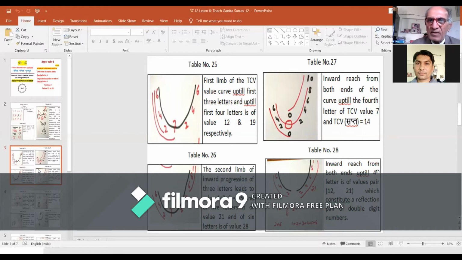Tables 25, 26, 27 and 28 deserve to be visited simultaneously. Table 27 is taking a step ahead of table 26, as the reach here from both ends of both limbs of the TC values curve takes to the seat of the fourth letter.